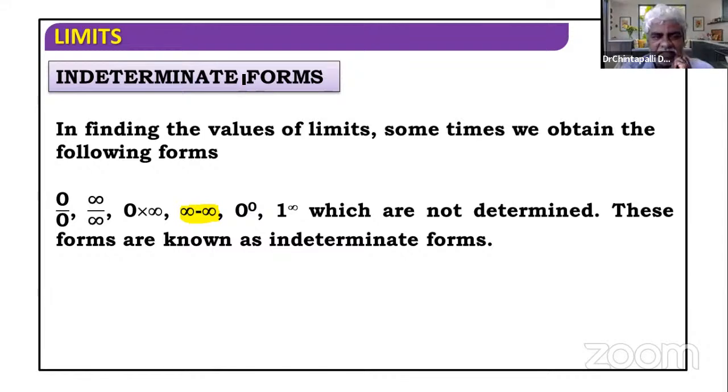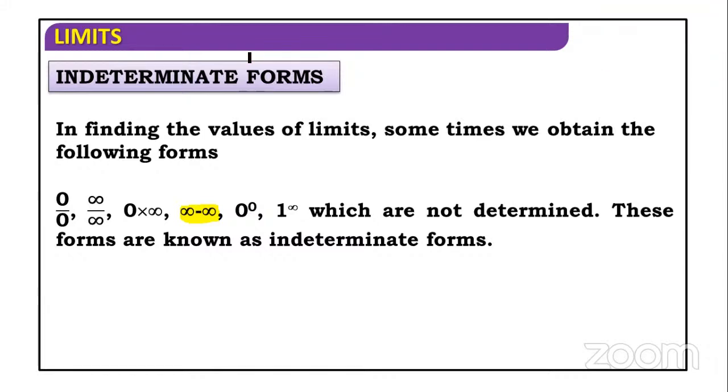These are complicated and no one knows their values, which is why they are treated as indeterminate forms. In finding the value of limits, sometimes we obtain the following forms: 0 by 0, infinity by infinity, 0 times infinity, infinity minus infinity, 0 to the power 0, 1 to the power infinity, which are not determined. These forms are known as indeterminate.